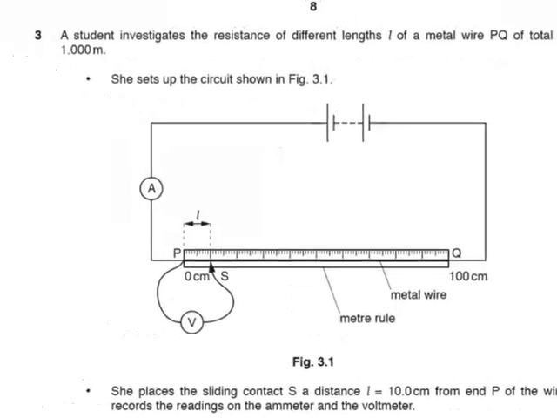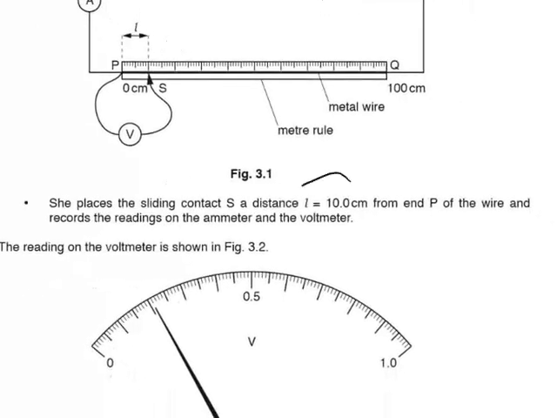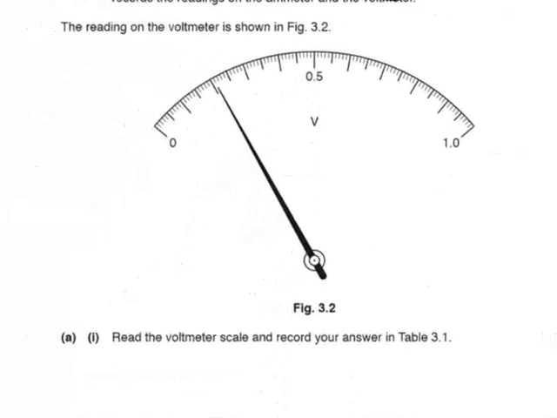Question number 3 will be about electricity. The student investigates the resistance of different lengths of a wire along 1 meter of a ruler, and then he places 10 centimeter from the end of the wire and records the reading. So the voltmeter shows you this reading.